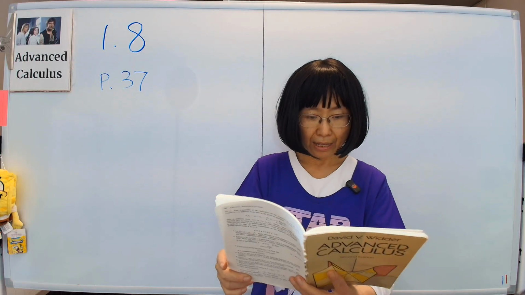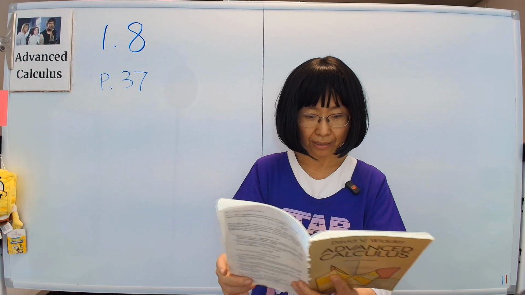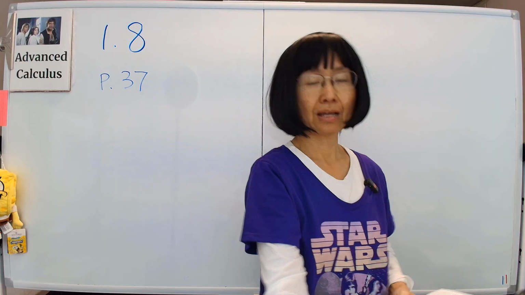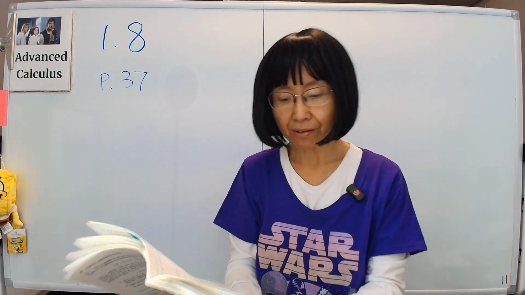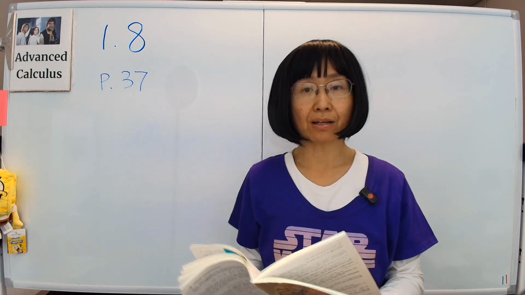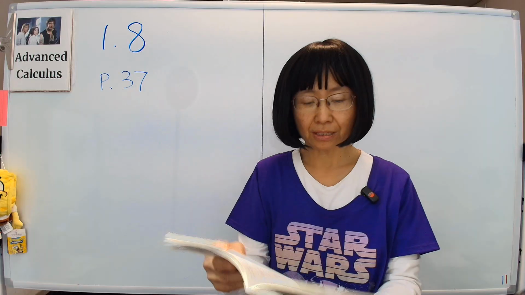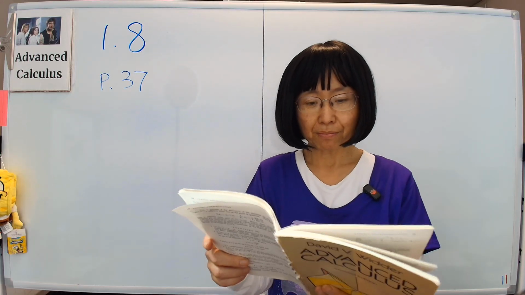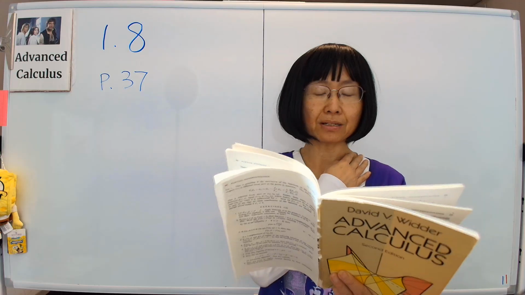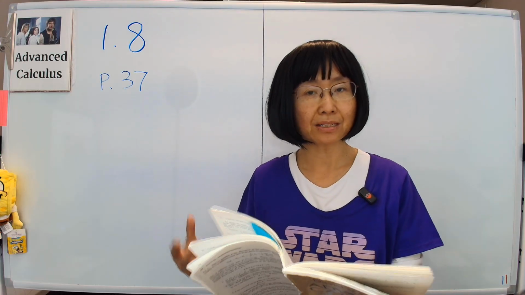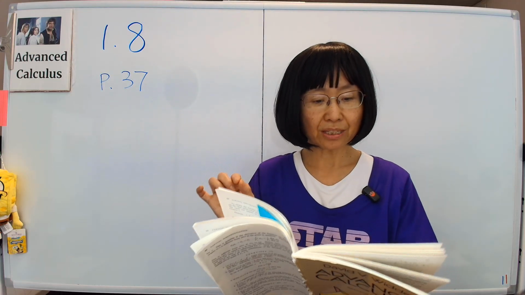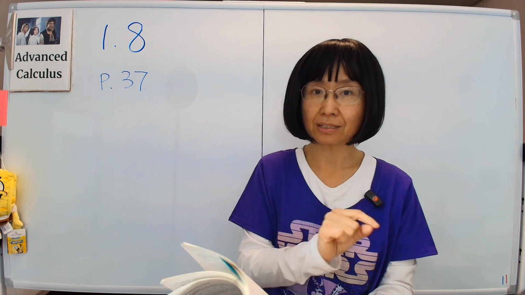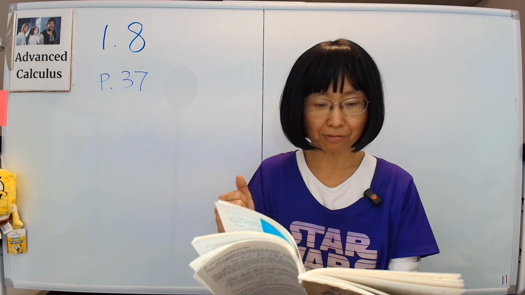Next point: so far we have assumed that f belongs to C1, continuous partial derivatives, but that's actually not necessary, because our definition only requires the function f to be differentiable at the point that we care about.